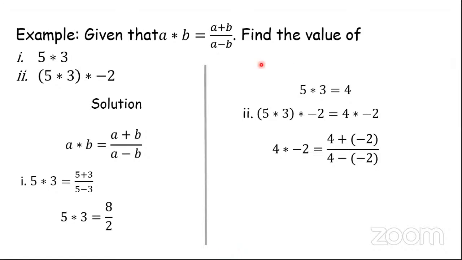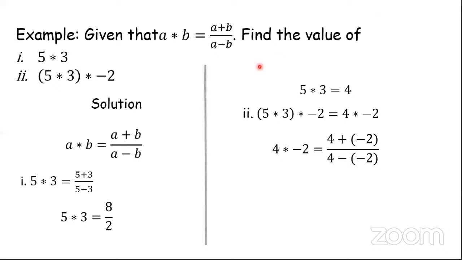It is a 2 because it is the same as 4 minus 2. Then 4 minus minus 2? 6. The negative followed by negative gives us positive.